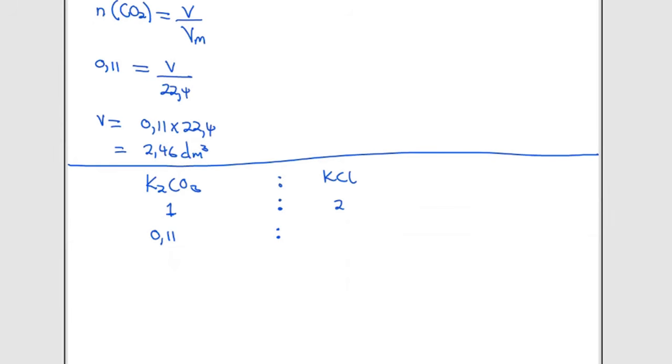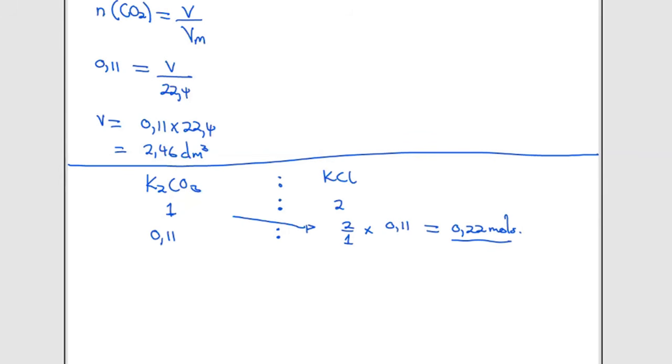Mathematically, this is the same as 2 over 1 multiplied by 0.11, which gives me a double value, equivalent to 0.22 moles. These are the number of moles that we have for KCl.